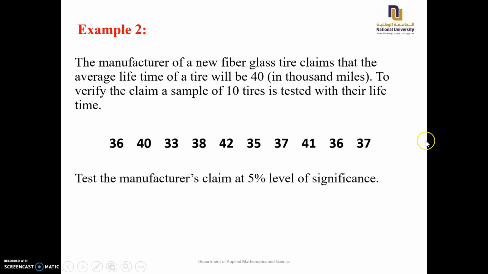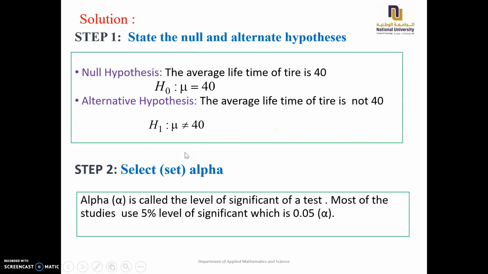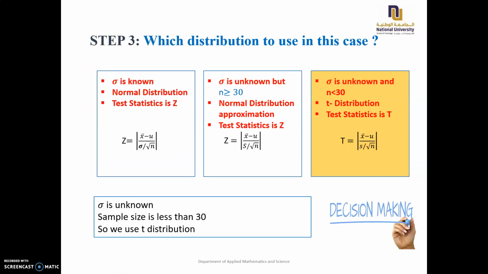Only your data is given. You have 10 data points. So when we decide about our distribution, we say that the first condition is not there. There is no population standard deviation, so we can't use normal distribution.